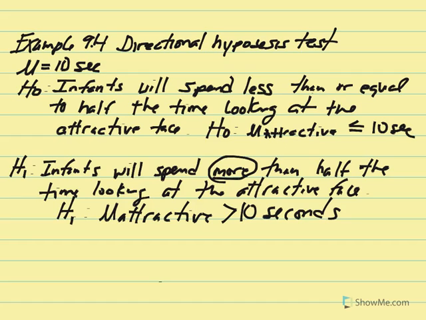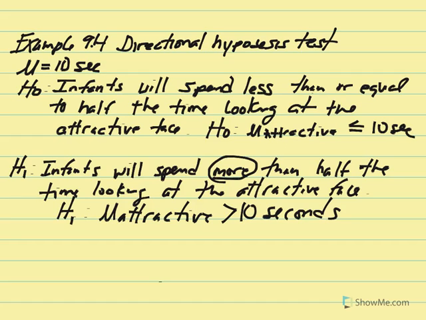So infants will spend more than half the time looking at the attractive face. And again, the greater than notation is easy to remember because that's the direction of interest. And then to write the null, you always have to include the opposite direction in terms of greater than or less than, and always include the equal sign.